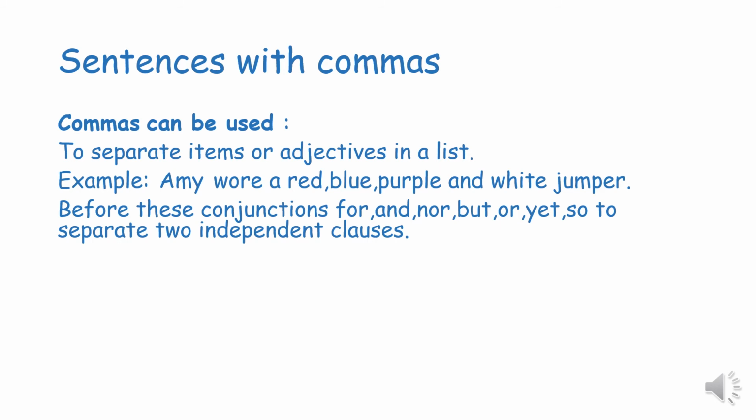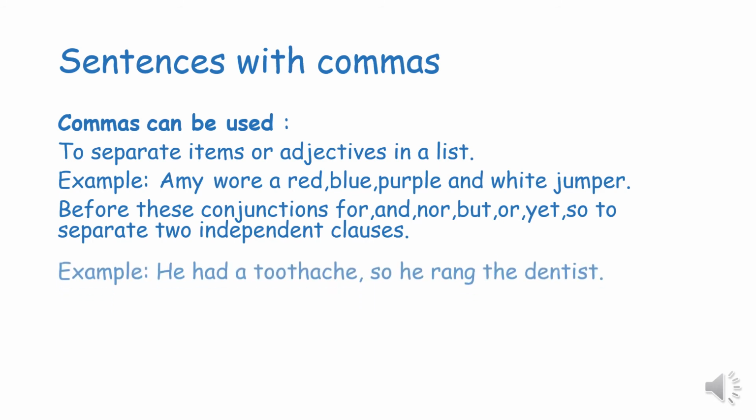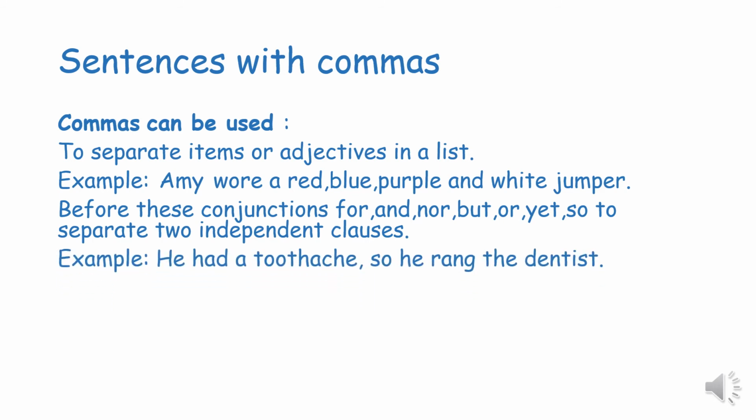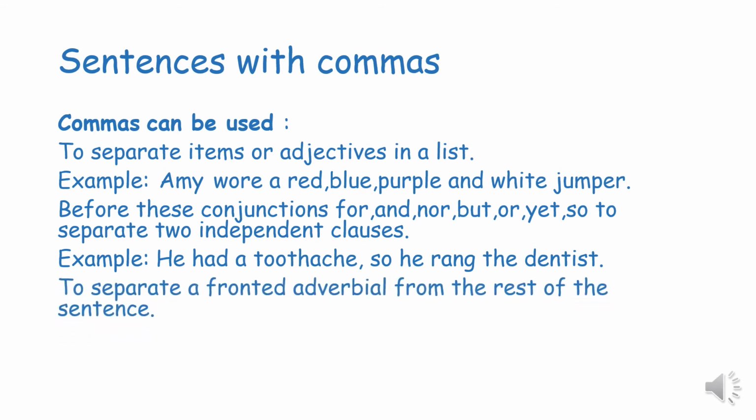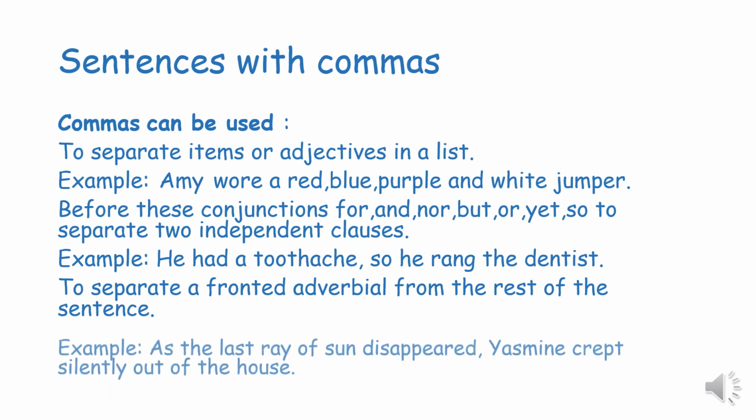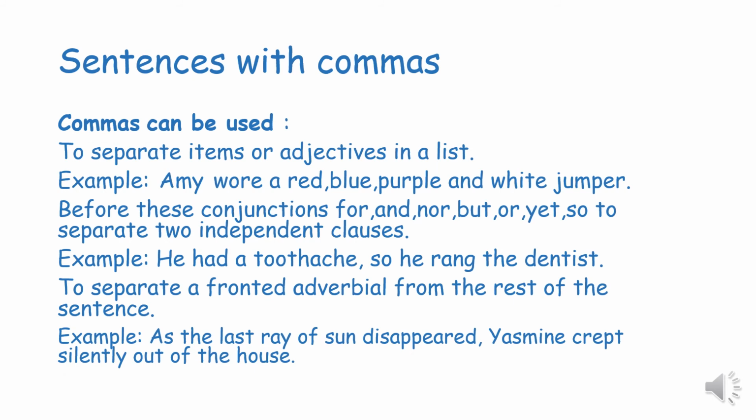So to separate two independent clauses. And here's an example. He had toothache, so he rang the dentist. They can be used to separate a fronted adverbial from the rest of the sentence. For example, as the last ray of sun disappeared, Yasmin crept silently out of the house.